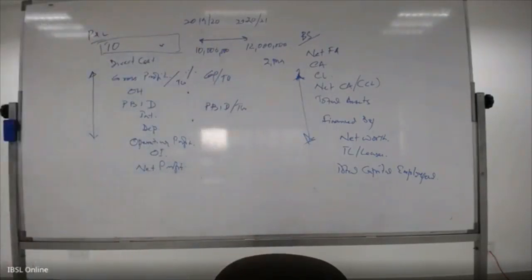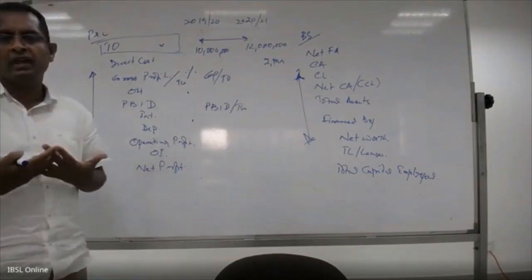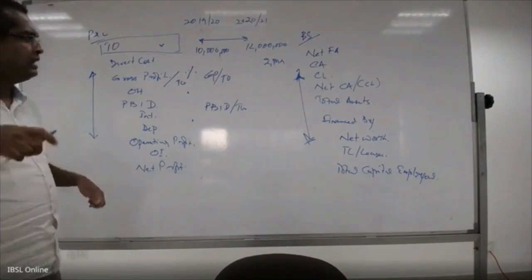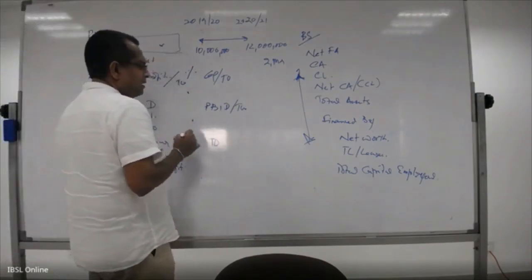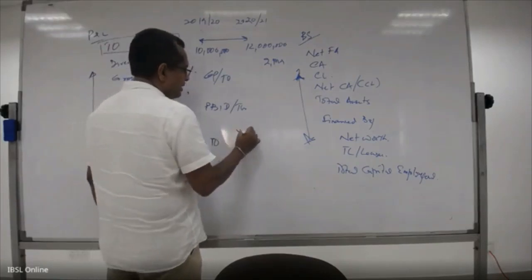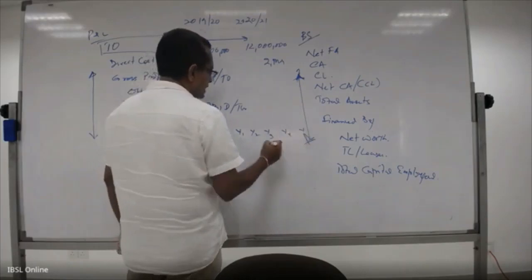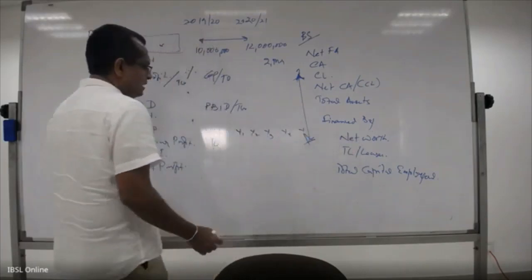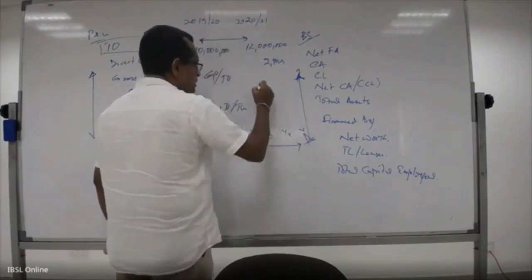Right? Then we have the third one, which is trend percentage analysis. That is, we take turnover and we take several years, Y1, Y2, Y3, Y4, Y5, a larger number of years, and we compare how the turnover has changed.